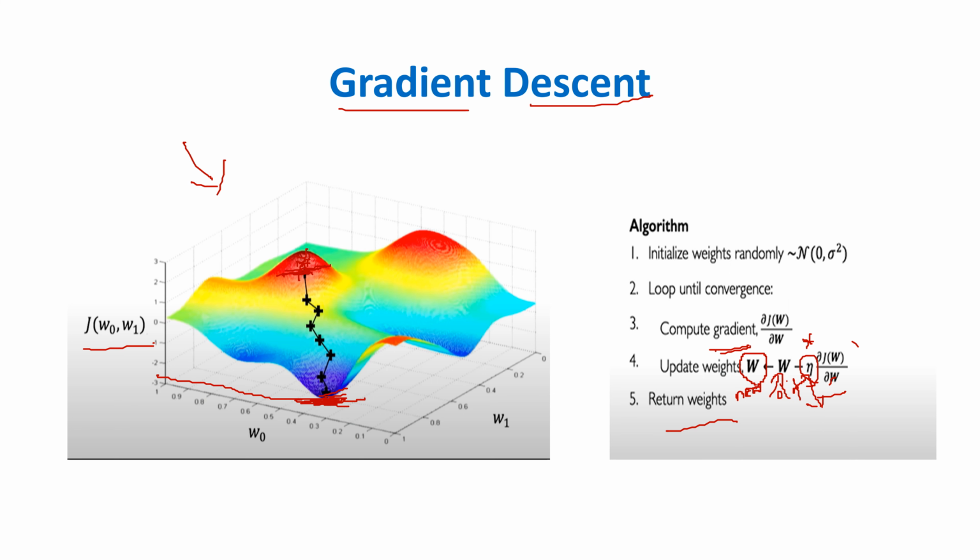So the goal is to find the set of weights for the model, updating the weights iteratively till we get the optimum weights, by checking the loss function incurred by the weights.